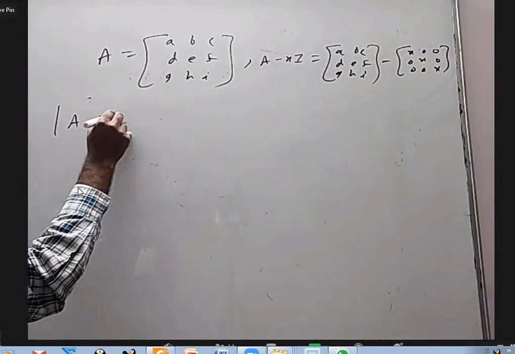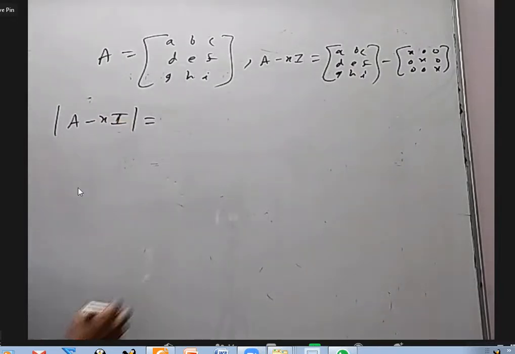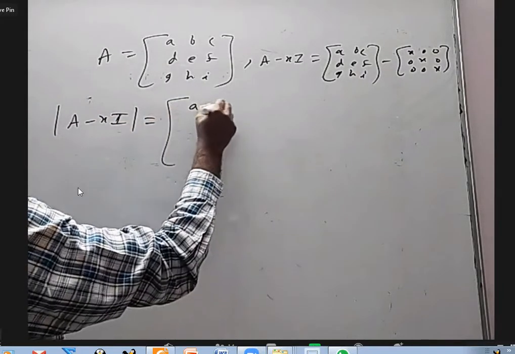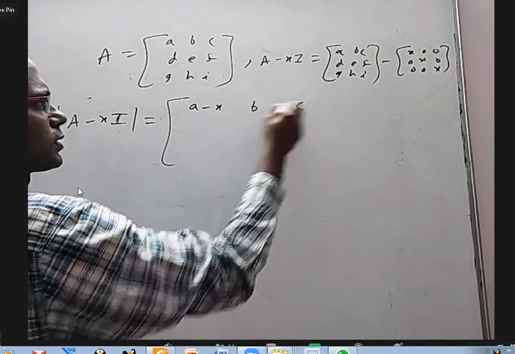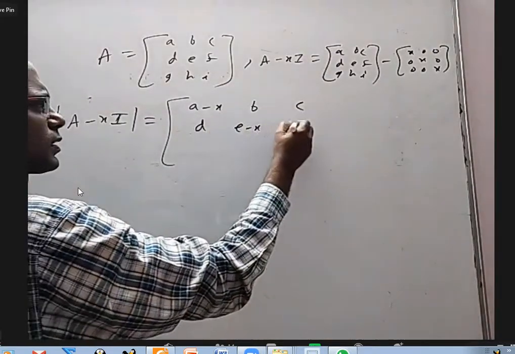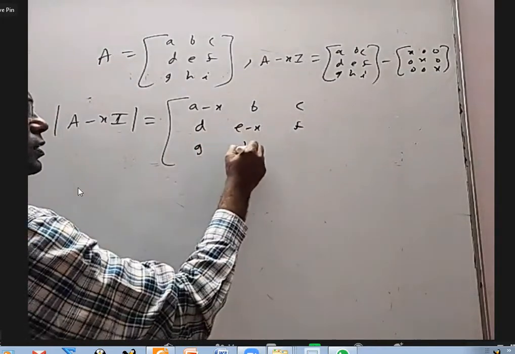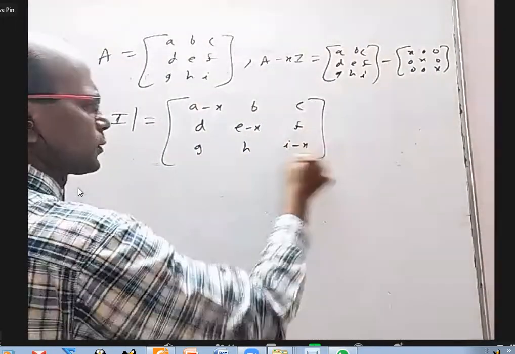Det of A minus XI is equal to the determinant of A minus X, B, C, D, E minus X, F, G, H, and I minus X.